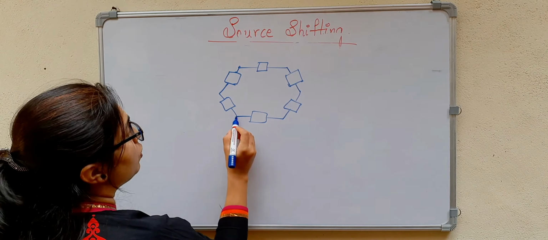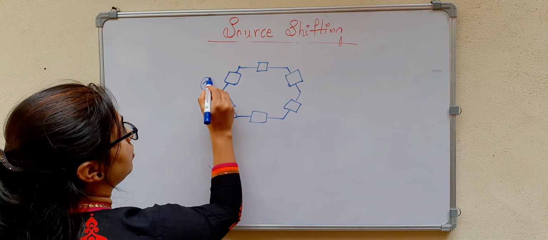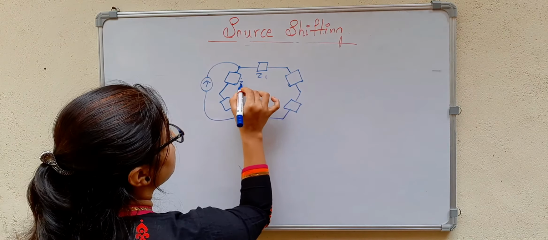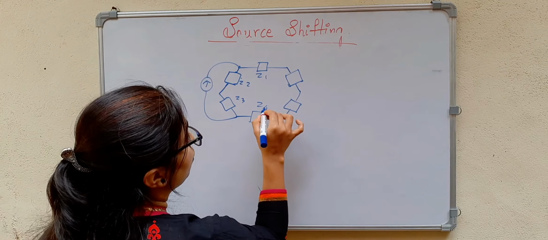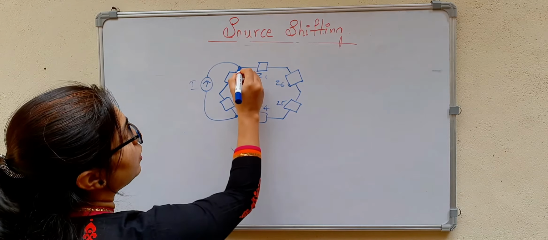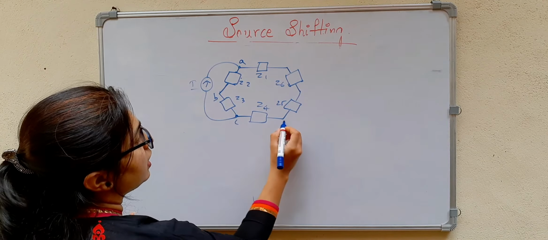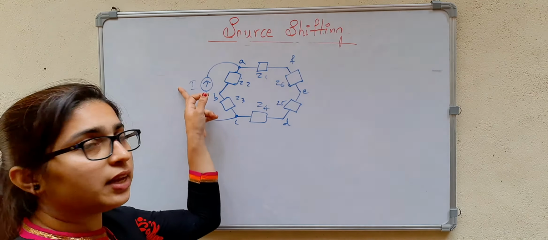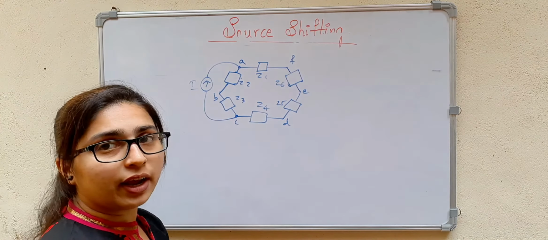If the current was from here to here, okay, these are the impedances Z1, Z2, Z3, Z4, Z5 and Z6. This is the current I. So these are the nodes A, B, C, D, E, F. So the current was leaving node C and current is entering node A.